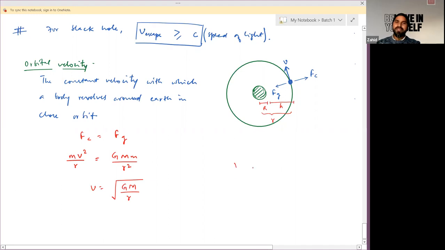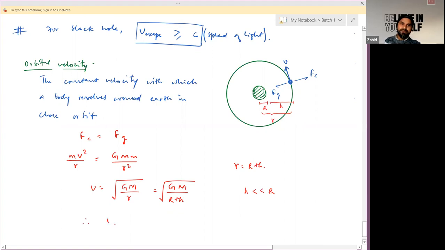Now, if you put the value of r to be R plus h, it will become root under G times M divided by R plus h. Now, since h is small as compared to R, we can neglect h.